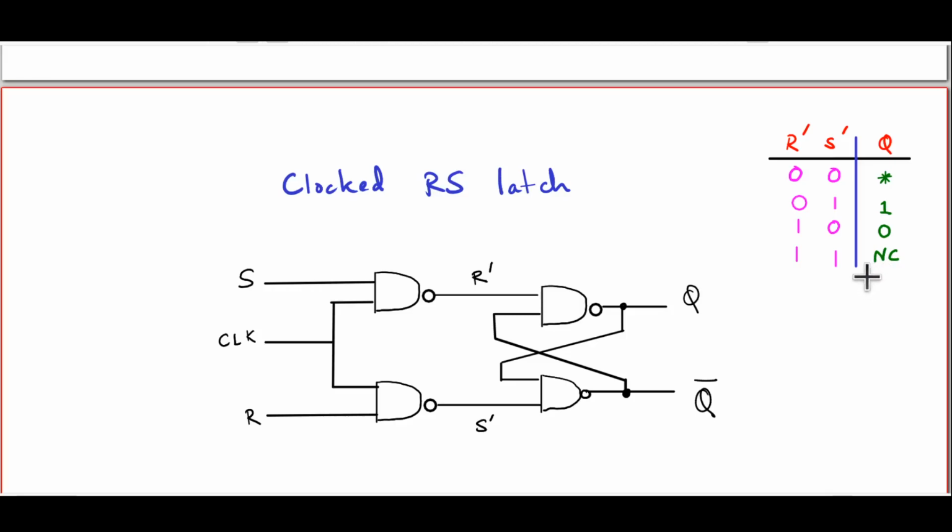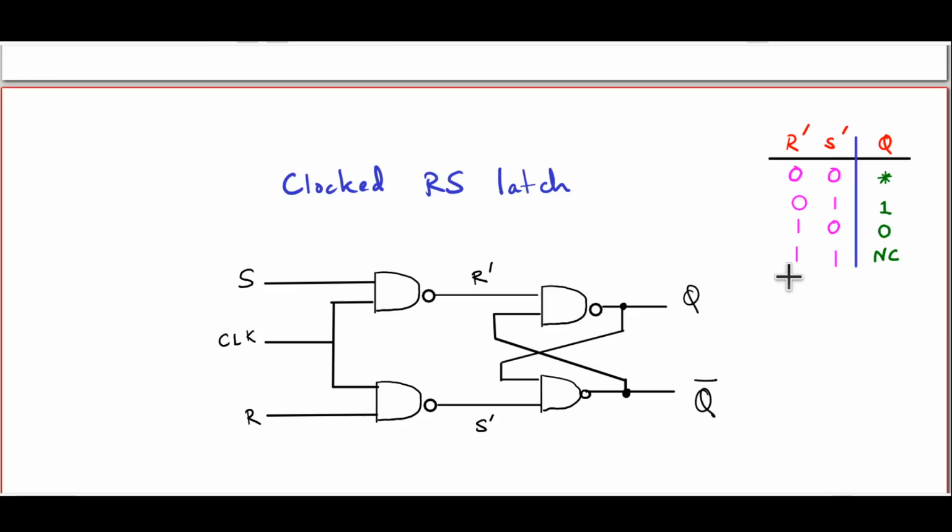Under such a condition, R prime equal to 0, S prime equal to 1 sets Q to 1. R prime equal to 1, S prime equal to 0 sets Q to 0. And both inputs 0 at the same time, that is the race condition. Remember, that makes both outputs go high, but then when the inputs go back to their resting state, the output is indeterminate.